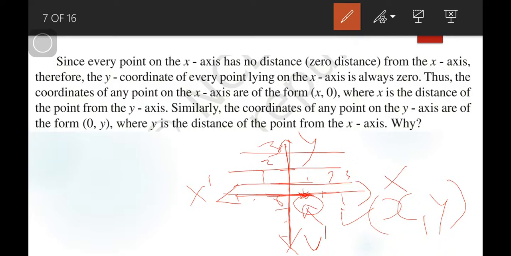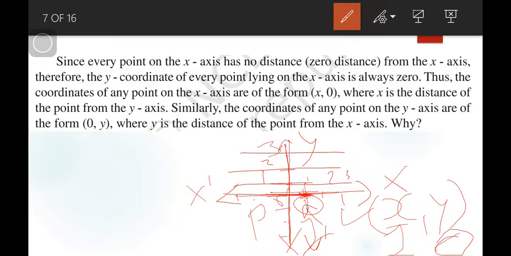Here if we take the given point as P, then the coordinates of point P are given by x comma y. X denotes the coordinate on the x-axis and y denotes the coordinate on the y-axis. Here you can see the first number on the x-axis, so x is equal to 1, but the distance from the y-axis to this point is 0.